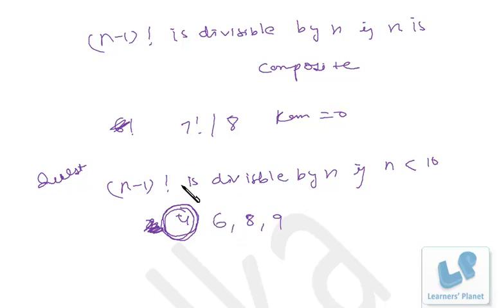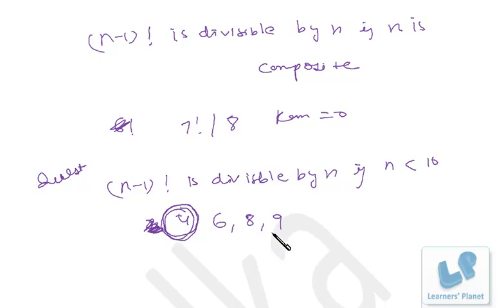6 minus 1 factorial, that is 5 factorial, that's 120, perfectly divisible by 6. Then 8 minus 1 factorial, that is 7 factorial, that's 5040, perfectly divisible by 8, right? Similarly, 9 minus 1 factorial, that's 8 factorial, that's perfectly divisible by 9. The only exception to this rule is number 4, right? So if (n minus 1)! is divisible by n, how many values can n take if n is less than 10?